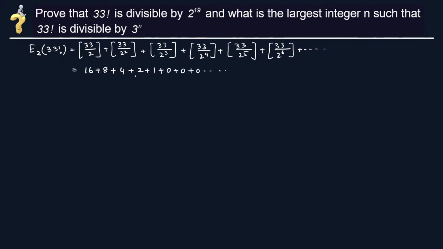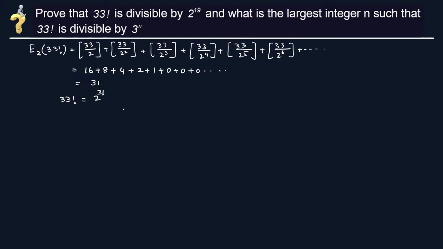Okay? So what will be the exponent of 2 in factorial 33? It will be 28, 30, 31. Am I correct? So in factorial 33, we have 2 to the power 31. Am I correct or not?